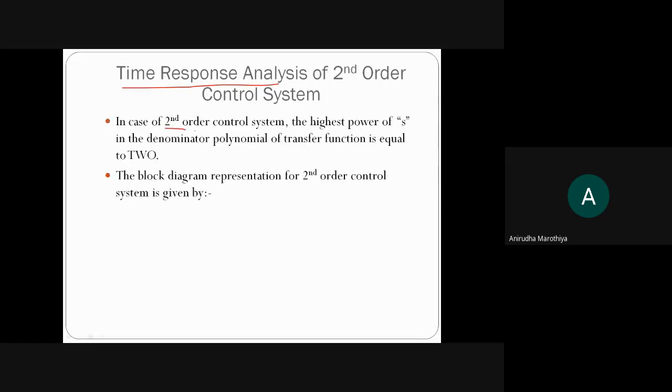In a second order control system, the highest power of s in the denominator polynomial of the transfer function is 2. Or you can say this type of control system has two poles. It may be both at the origin, or at different locations. But if the system is second order, that means that particular system has only two poles.